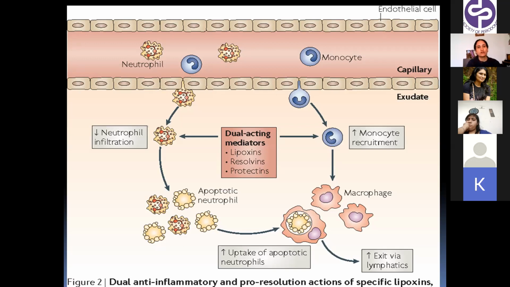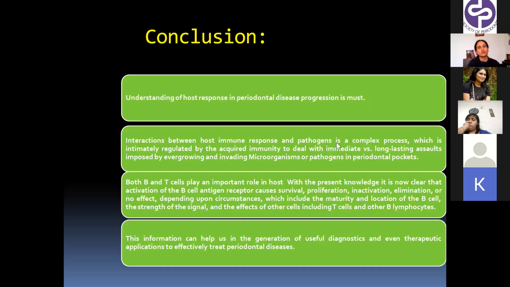So I want to conclude by saying that understanding the host response in periodontal disease is difficult, but it's a must, because you need to understand the pathogenesis of the disease and the different mechanisms by which you can stop it. The interaction between host immune system and pathogen is a complex process which has many components: cytokines, complement, B cell activation, T cell activation, different types of B cells and T cells.